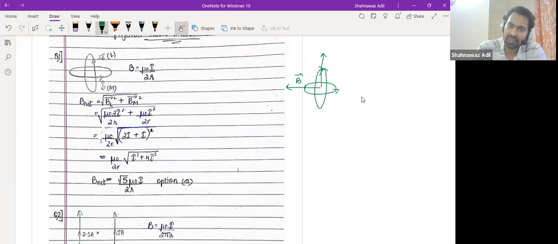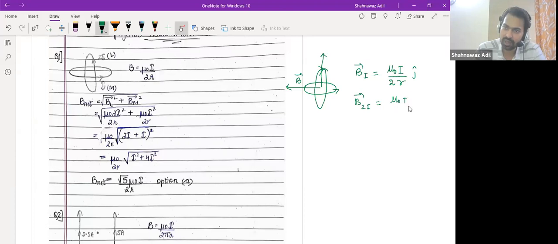Then B1 is mu naught I by 2R, in the minus i direction. And B2 is mu naught I by 2R in the j direction.